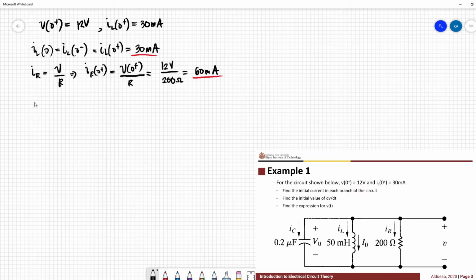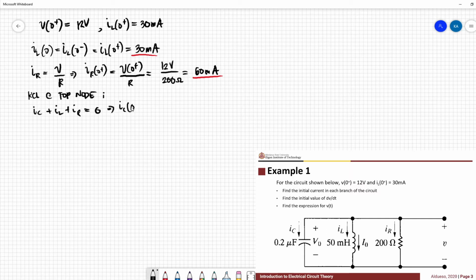To find IC, or the current of the capacitor, perform KCL at the top node. We have IC plus IL plus IR is equal to 0.